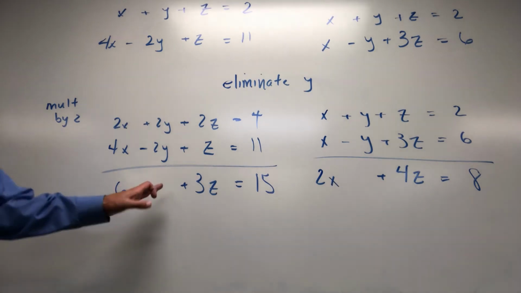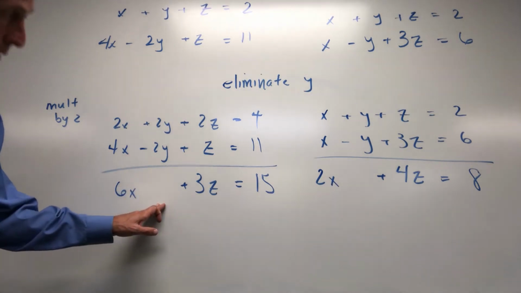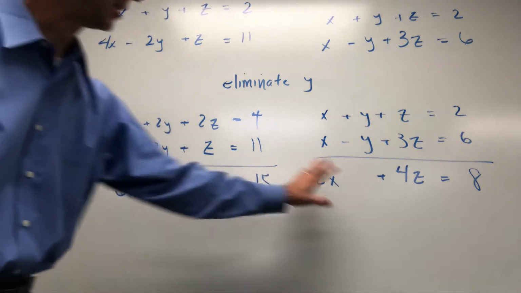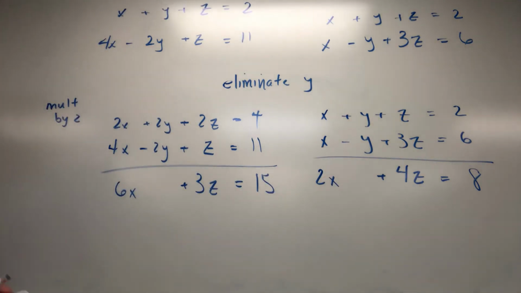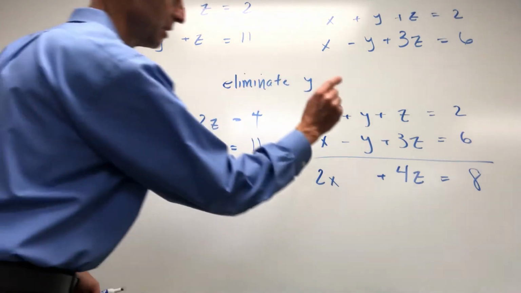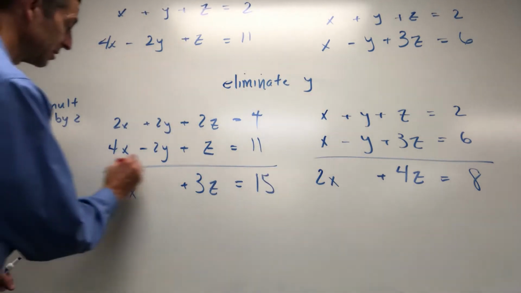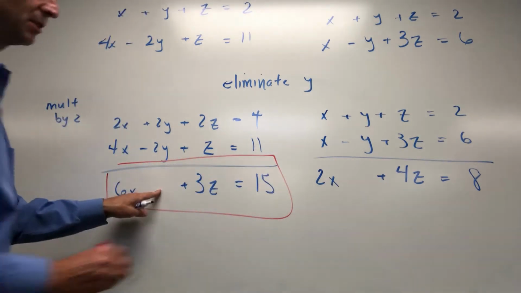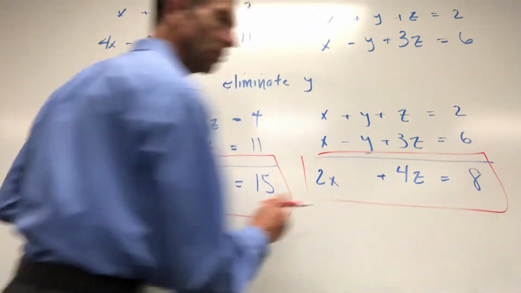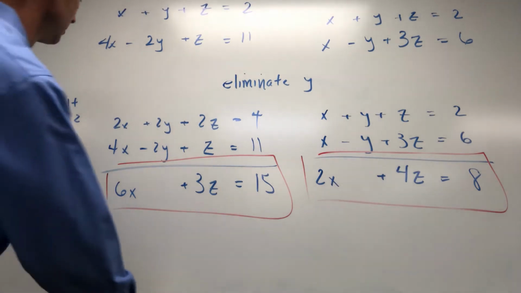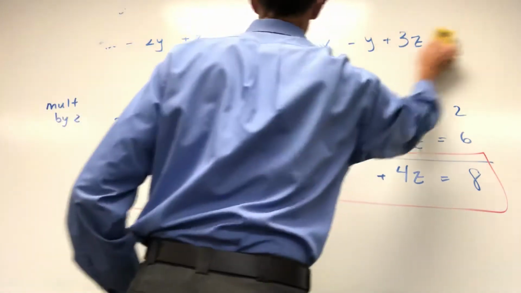What I've done is create one equation with no y, and one equation over here with no y. So this has xz, that has xz. I've done elimination twice. Now I have to do it one more time. Grab this equation, grab that equation, and put those two together to finish this problem off.